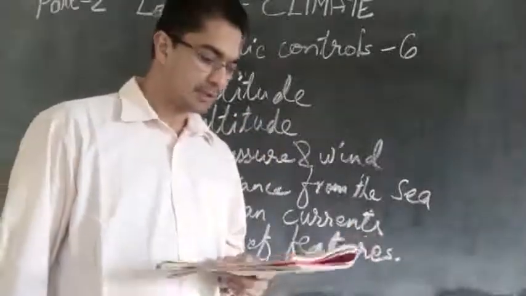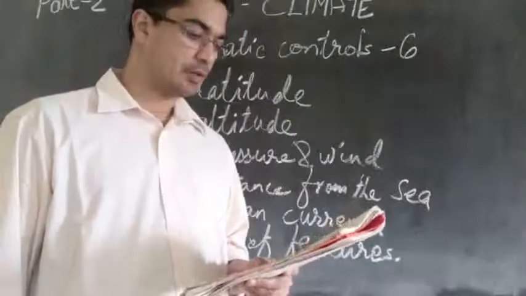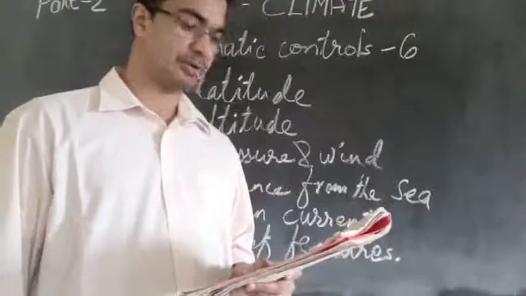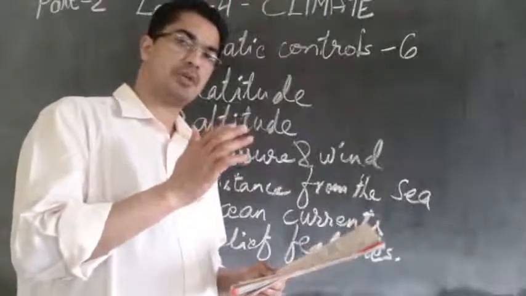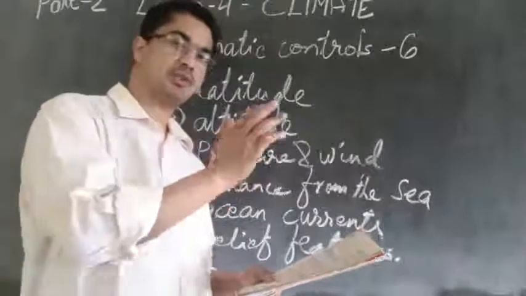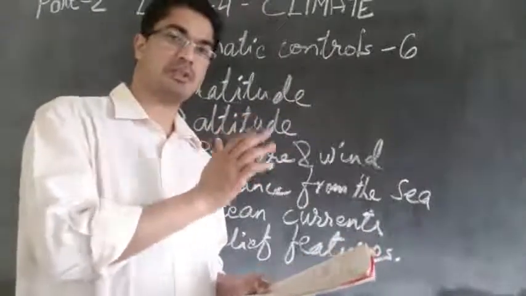As a result, air temperature decreases from the equator towards the poles. So as we go from the equator towards the pole, the air temperature is decreasing.